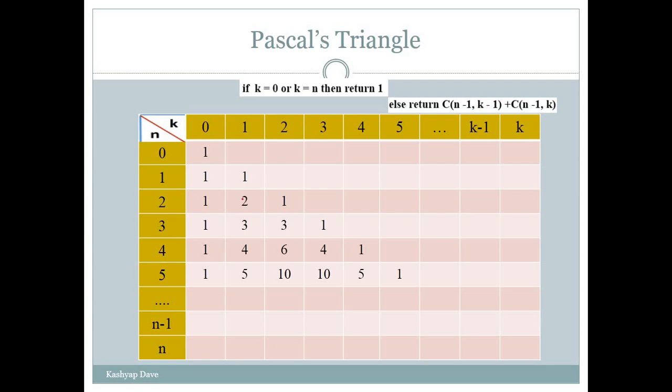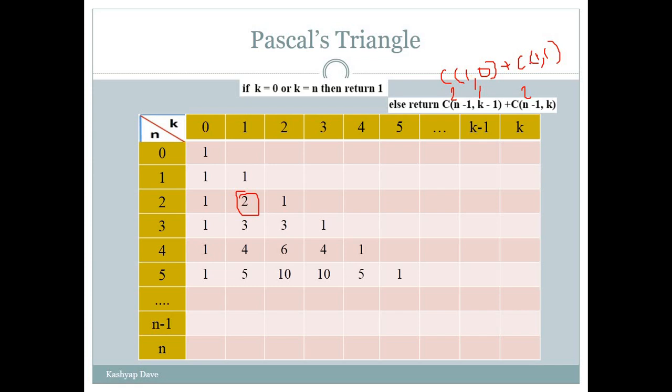For finding this value, our n will be 2 and our k value will be 1. So by this equation it will be C of 2 minus 1, which is 1, and 1 minus 1, which is 0, plus C of n minus 1, with n equal to 2, so 2 minus 1 is 1, and k equal to 1.